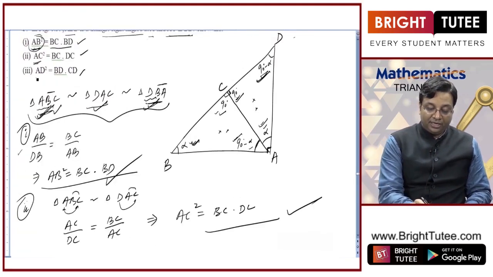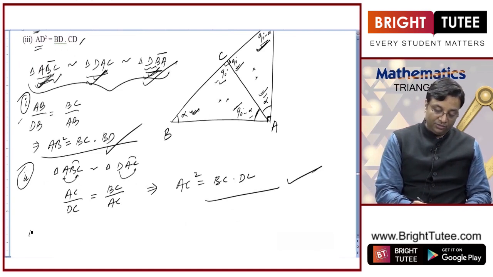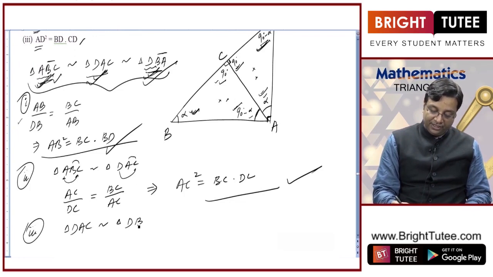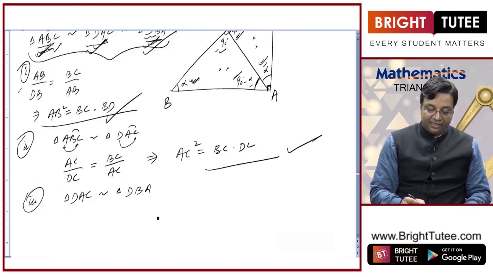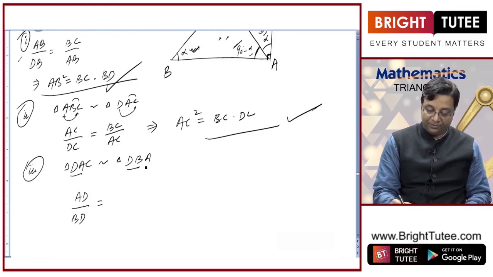Now, for the third part, AD square I require. Okay. Where do you see AD? I see AD in this one and in this one. So I will use this similarity, that triangle DAC is similar to triangle DBA, and I require AD square. So AD from this, then DB from this, or BD from this, will be equal to AD from here.